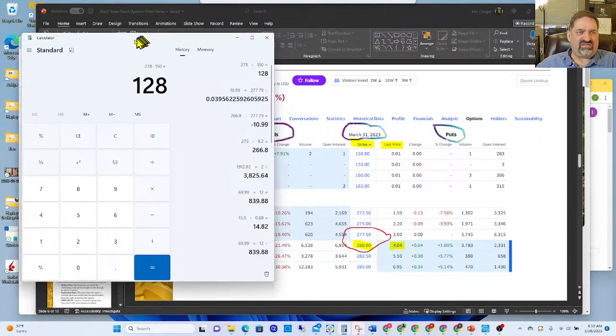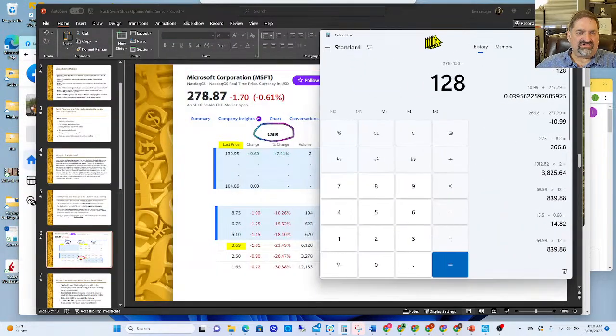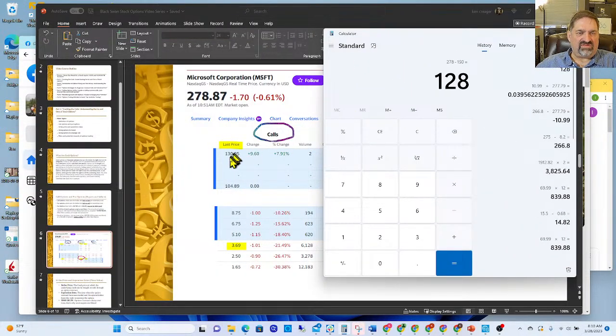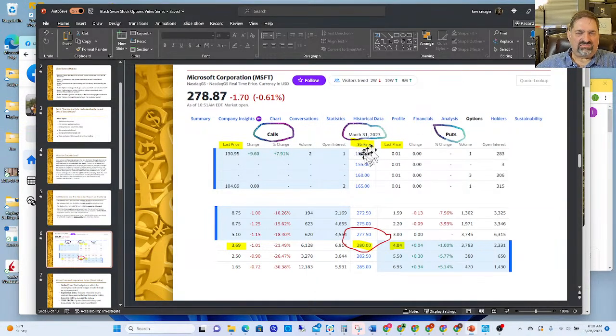So if you bought this right now, you'd have to pay $130.95 for this call that would give you the right to buy it for 150. Calls are the right to buy.